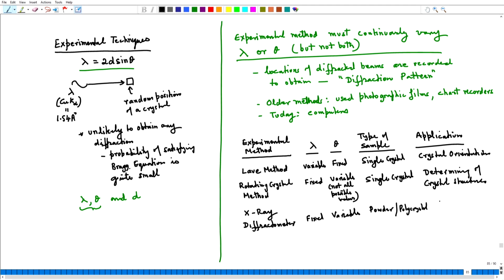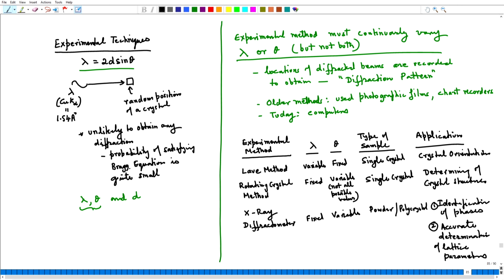This is useful for identification of different structures that may be present, called phases. Second, it is for accurate determination of lattice parameter.